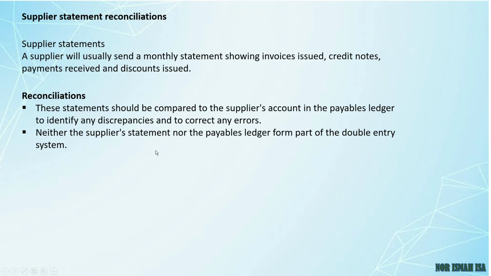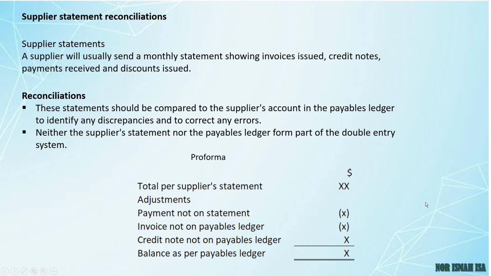Neither the supplier statement nor the payable ledger forms part of the double entry system. I've mentioned before, this payable ledger or receivable ledger or supplier statement is not part of double entry. Only the nominal ledger is part of double entry that we use to extract the trial balance at the end of the month.